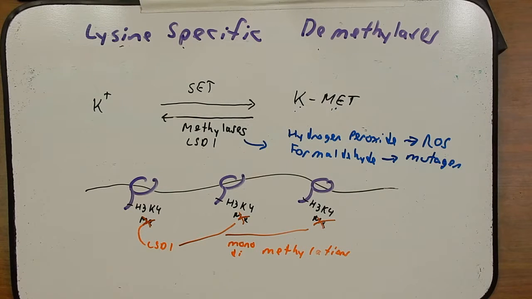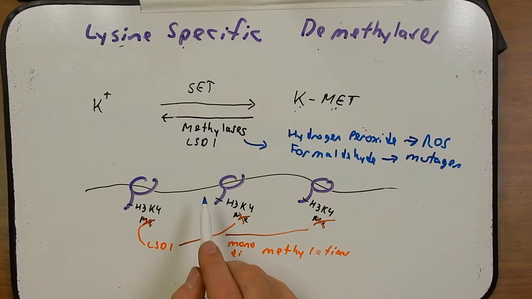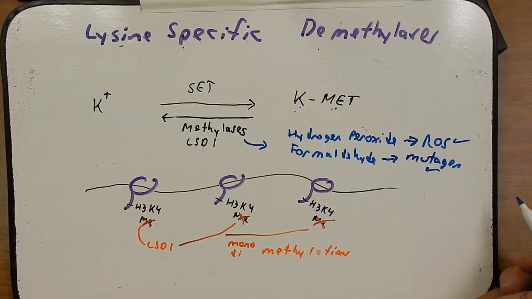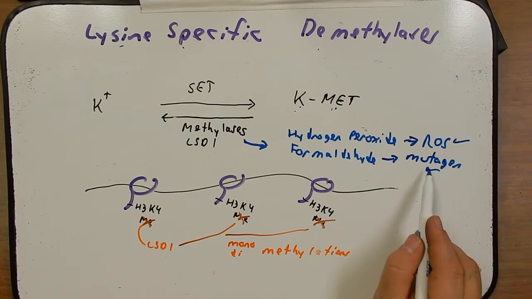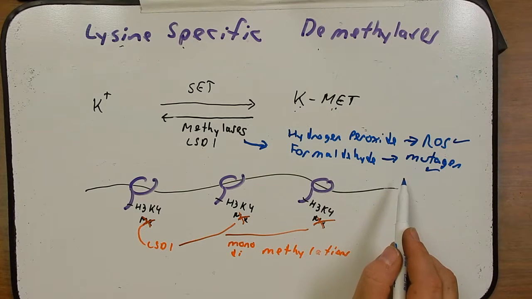And the tricky part about all this is this reaction is occurring where? It's occurring in the nucleus, where there's a lot of DNA. And we're generating ROS and this mutagen that could easily mutate our DNA. This strategy to turn off a gene must be worth it. There must be a way in the nucleus where these toxic byproducts are remediated and gotten rid of.